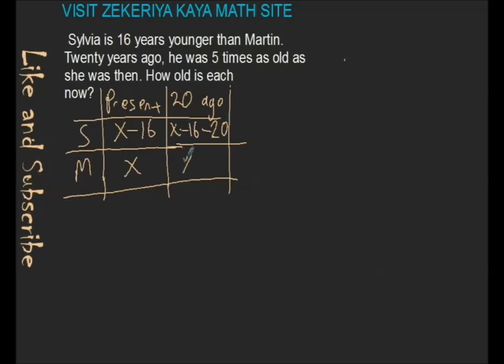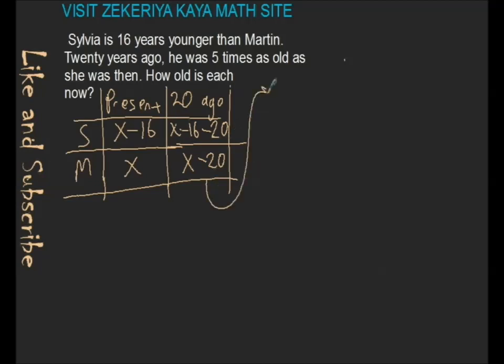And this is just x, I must make minus 20. You put minus 20 to each of them, or you subtract 20 from each. Did you understand what we did? Minus 20 here, minus 20 here, both of them.